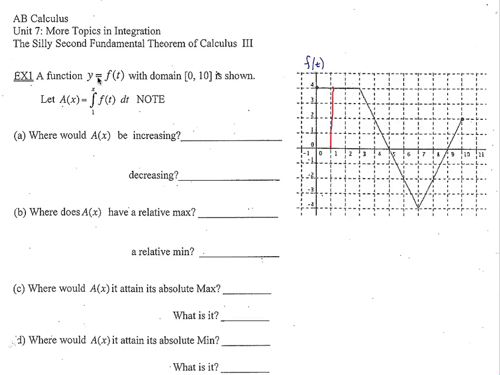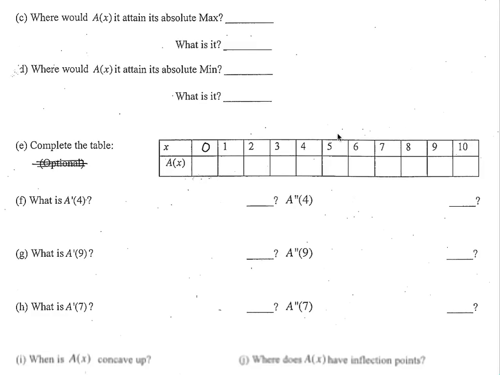Right? If you go from 1 to 1, there is no area. So the value when x is 1 is going to be 0. So again, pause the video, fill in this table, and then come back and see whether or not you've got it.